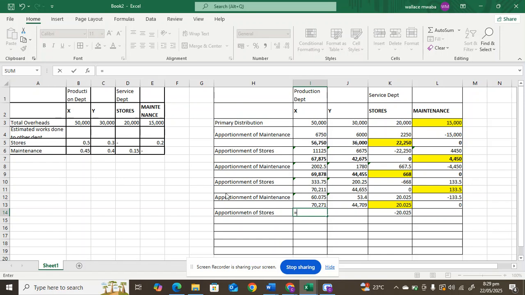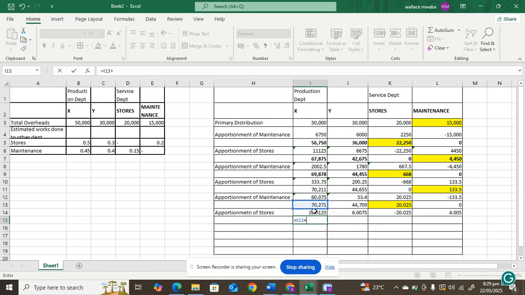So for stores, department X gets 50%. Department Y gets 30%. And maintenance is going to get 20%. All right, so we get our new totals.